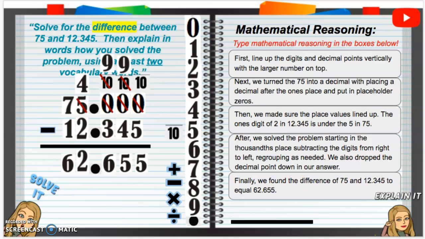Woohoo! We did it! Also, in order to get your full credit, you must have your work shown, either on a piece of paper with a screenshot placed in, or on the screen. And you have to have all of these boxes filled in.